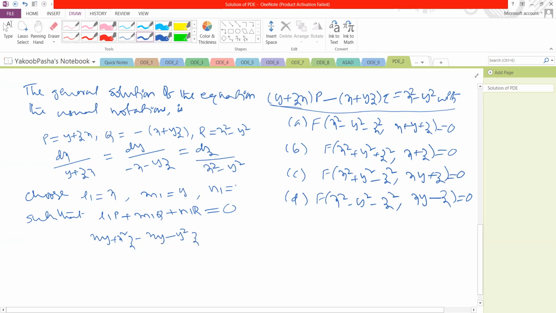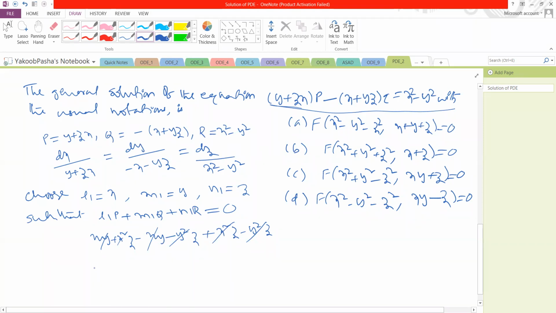Similarly, we have xy and xy will be cancelled. Next, we need to cancel x square z and y square z. So if you take N1 equal to z, so if you add them, x square z minus y square z. So all the terms are cancelled. Okay, so this condition is satisfied.